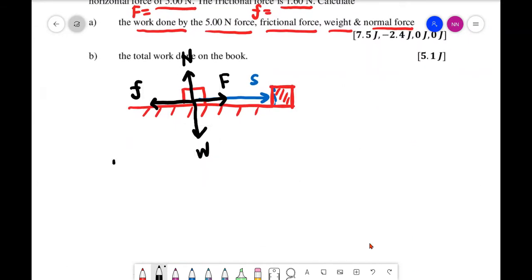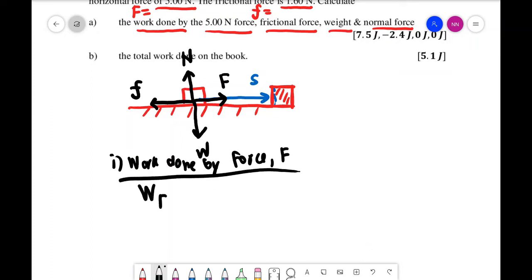First, work done by force F. Work done by force F is force F dot displacement.